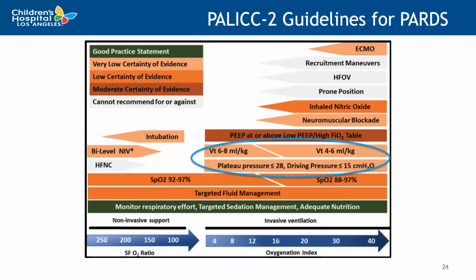So much so that this trial was actually ended early. And so this is the basis for a lot of our tidal volume limitations and strategies in both adults and pediatrics. And so generally we think of safe tidal volumes as being anywhere from 6 to 8 mils per kilo, but sometimes we'll actually tolerate lower tidal volumes of 4 to 6 mils per kilo in patients that may have worse compliance and in which we're trying to limit the driving pressure and the plateau pressure.